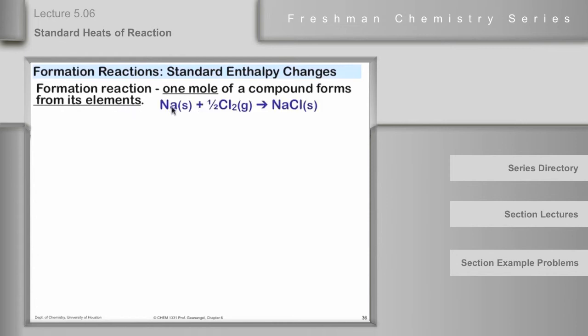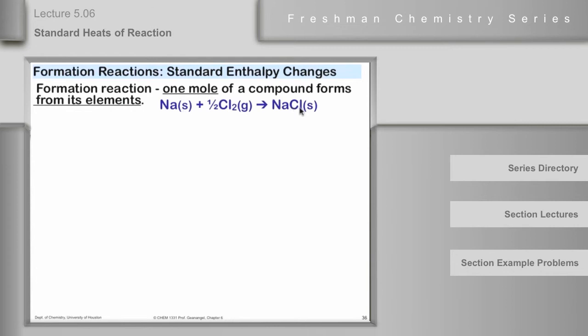So if we looked at the formation equation for the formation reaction of sodium chloride solid, we look at the formula, and it says if I'm going to make 1 mole of sodium chloride solid, I'm going to use 1 mole of sodium. In its elemental form, it's a solid. So Na(s), meaning solid or crystalline.